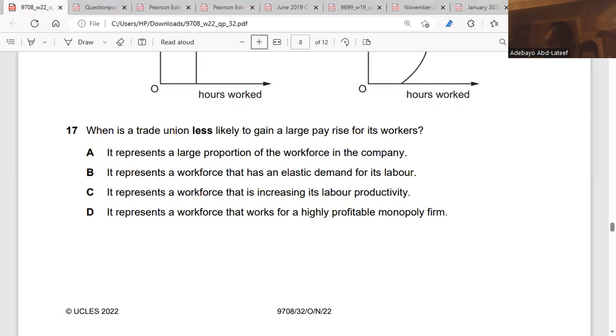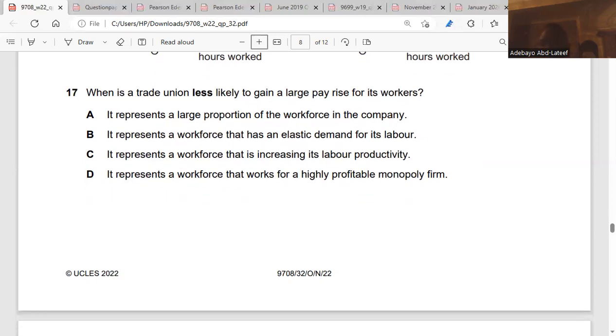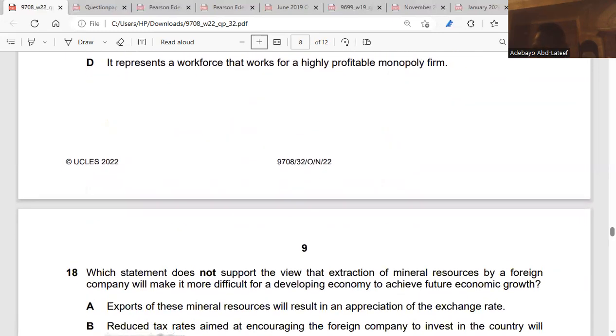It represents a workforce that works for a highly profitable monopoly. It will be able to negotiate high salary. The only time it will not be able to negotiate high pay is if the demand for labor is elastic. If the demand for labor is elastic, it means if the wage rate increases, firms will stop employing workers. So that's the only time trade union will not be able to negotiate higher salary for its members. 17, B. 18.